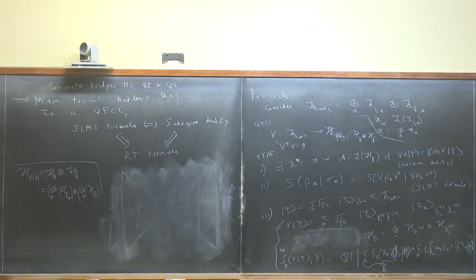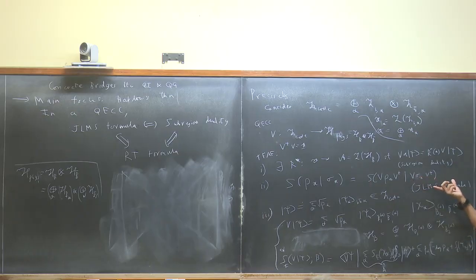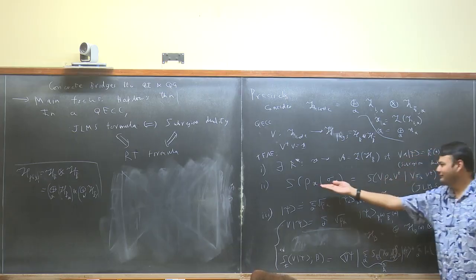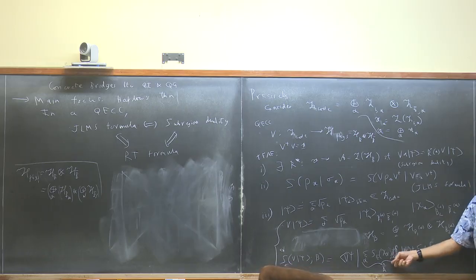But typically the application to AdS/CFT starts from here, because you can show that bulk relative entropy equals boundary relative entropy. Then you say, therefore AdS/CFT is an error correcting code in a fairly trivial way, with the JLMS formula, which means that the subregion duality should be true, the RT formula should be true, and there should be some linear operator area which gives you the RT formula.